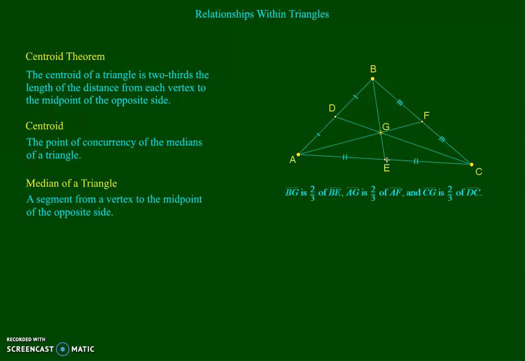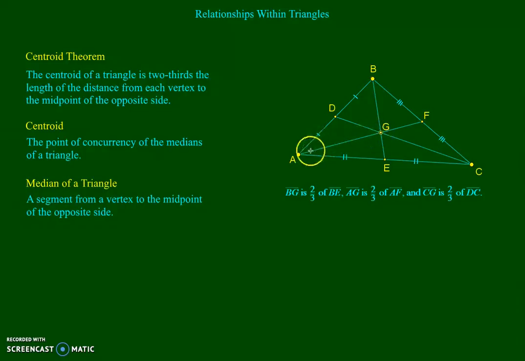That relationship works for any of the medians. So CG is 2/3 of CD, and AG is 2/3 of AF. We're going to use those ideas to solve our problems. I don't like to do this often because pictures can be very deceiving, and our primary rule is never trust the picture.